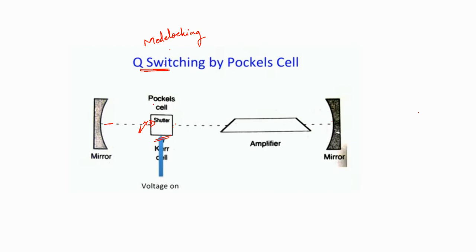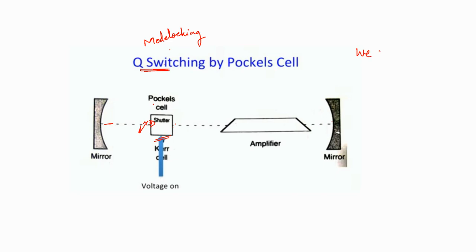Now after this, what happens? When it passes through the amplifier, there is only a certain angle, or a certain polarization, at which this amplifier can allow the light to pass through. If it allows, then it again goes to the mirror and passes through the cavity in a to-and-fro manner. Through this, the Q switching occurs.